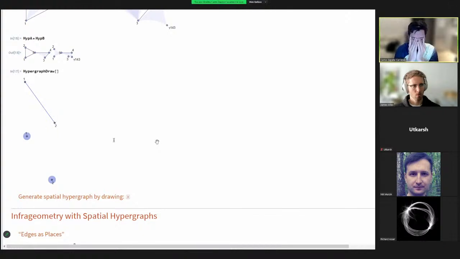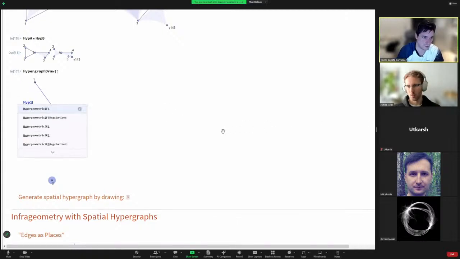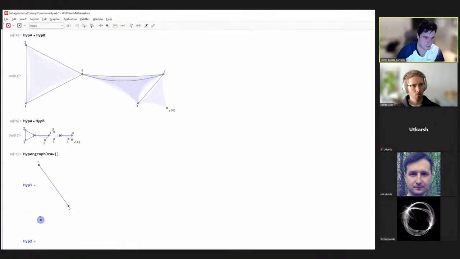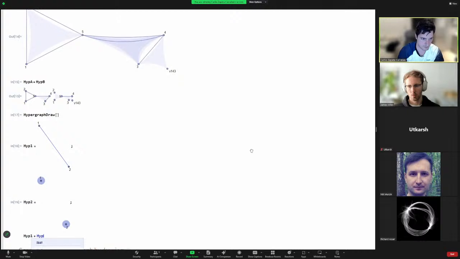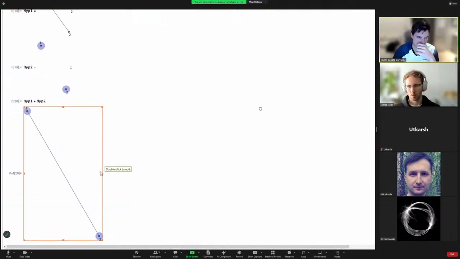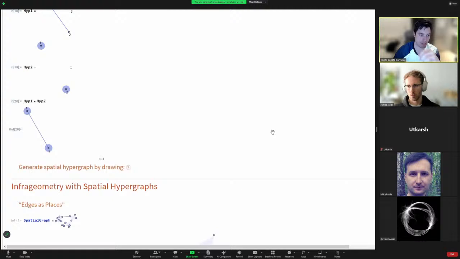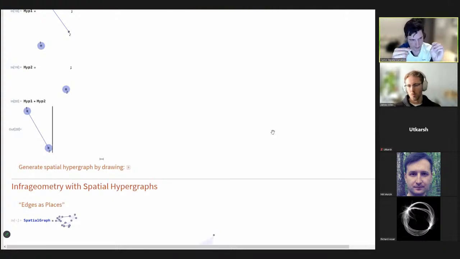So that's hypergraph 1, and this is hypergraph 2. The construction goes like this. First, take the addition, so you have this. This has too many edges right now, because it has 3, and we want 2.